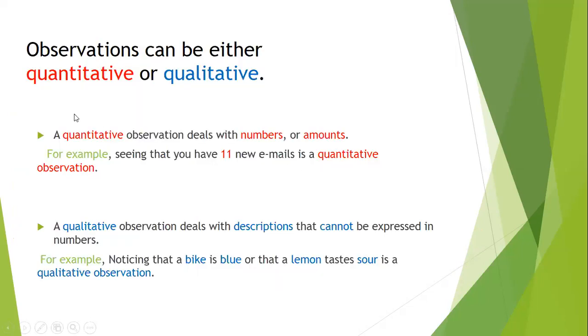Observing can be either quantitative or qualitative. From its name, quantitative depends on numbers or amounts. For example, if you get 11 new emails, 11 is a number, so it's a quantitative observation. But a qualitative observation deals with description: describing the color, or something you taste or touch. It cannot be expressed in numbers.